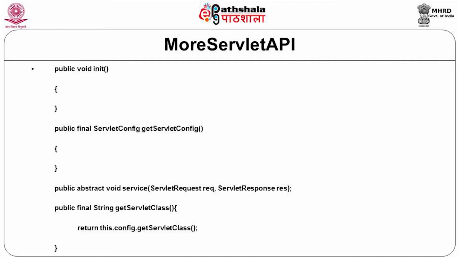Another important thing. Recollect what we have in the servlet config. The servlet config object provides those 4 methods. If someone is interested in knowing the class name, or in using those init parameters, what will he have to do? Everywhere he has to use the code get servlet config dot get class name, or get servlet config dot get init parameter names, or get init parameter, or get servlet config dot get servlet context.